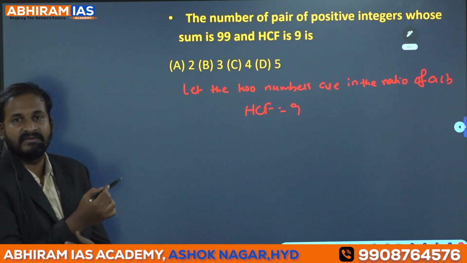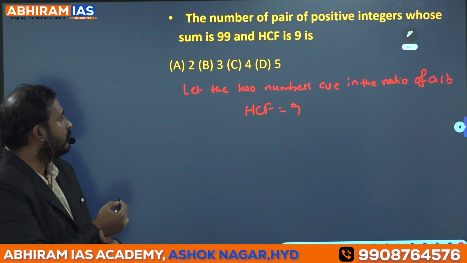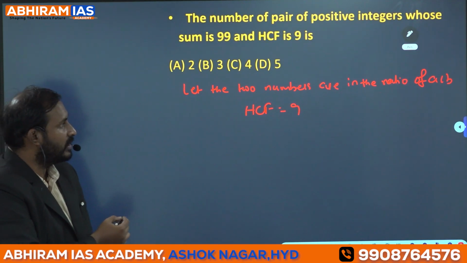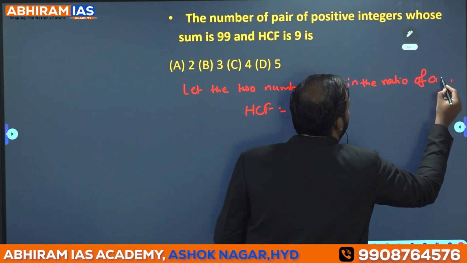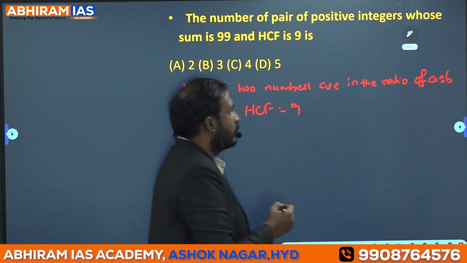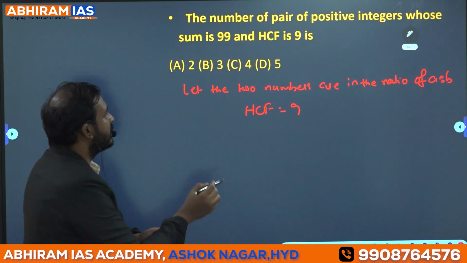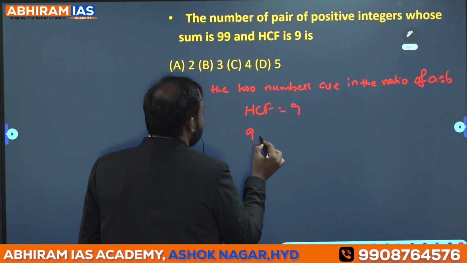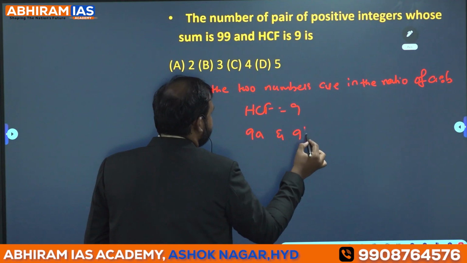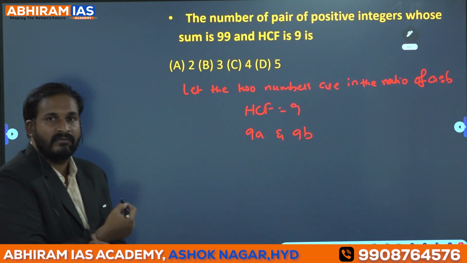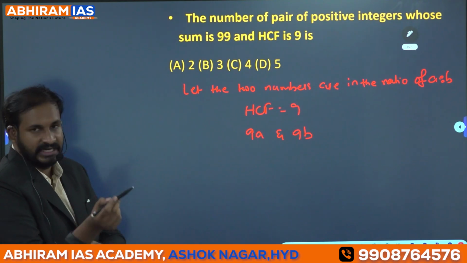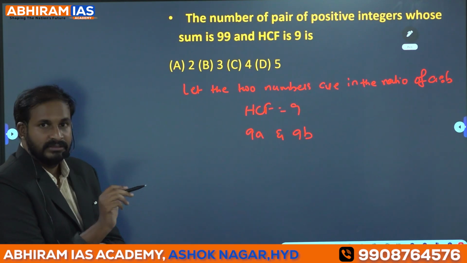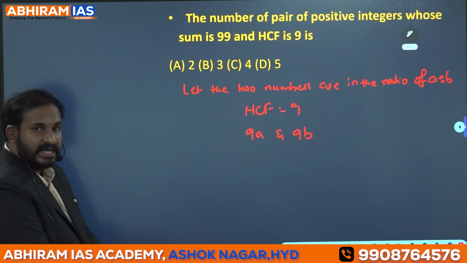So now if the HCF is 9 and the two numbers are in the ratio of A is to B, tell me what those two numbers are. Those two numbers will become 9A and 9B. Am I correct? Why? Because their HCF is 9 and the ratio is A is to B.